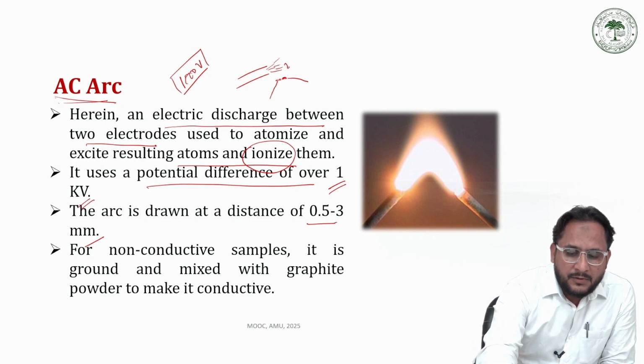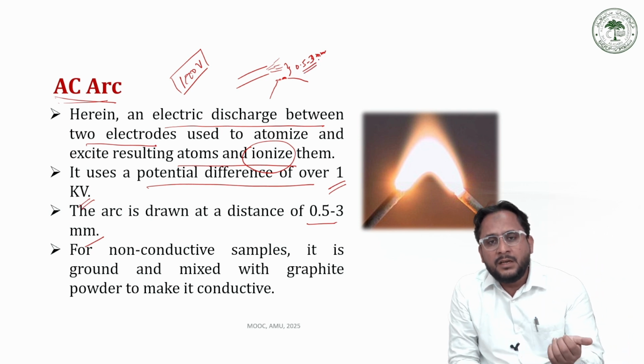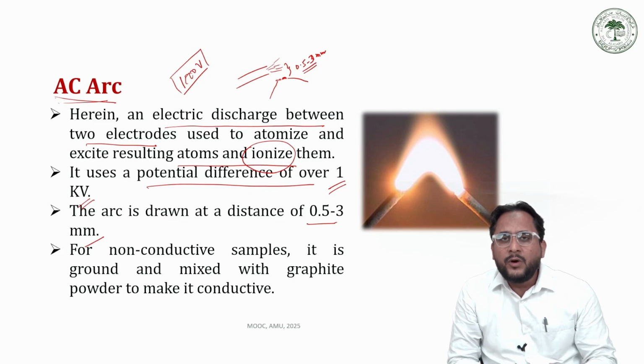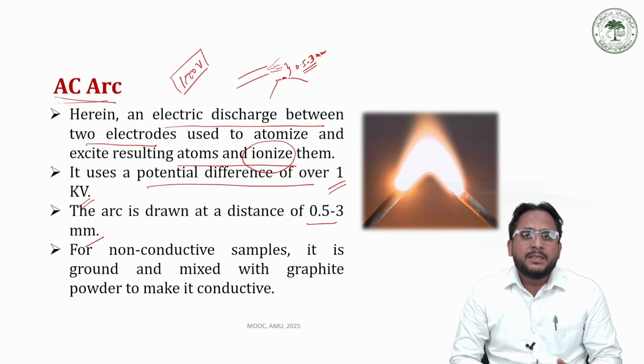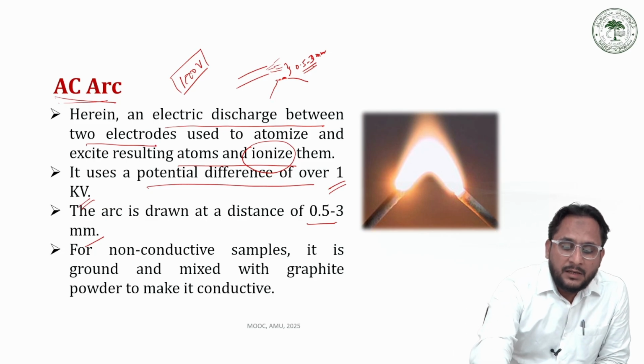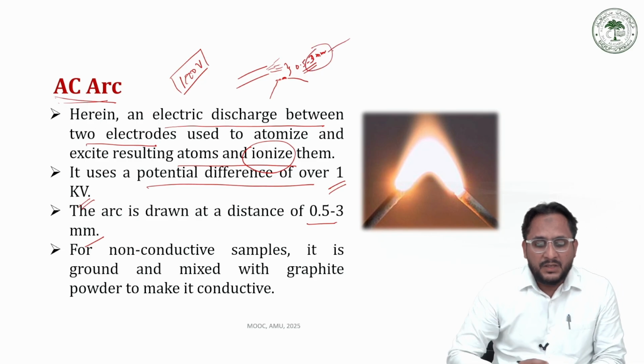The distance between these two is from 0.5 to 3 millimeters, depending upon the type of metals under study. For high melting metals, we keep it closer, at 0.5 millimeters, while with metals having moderate or low melting temperatures, we keep this electric discharge at a distance of 2 to 3 millimeters from the sample.